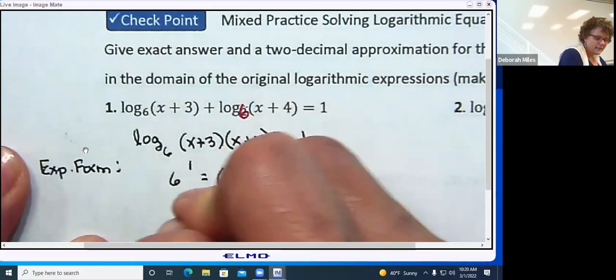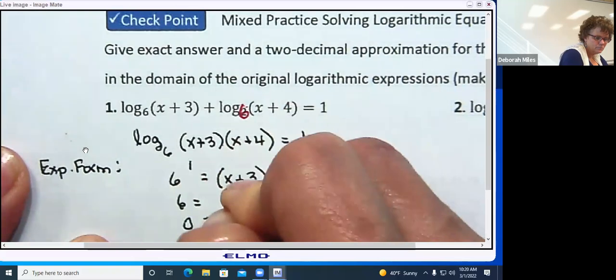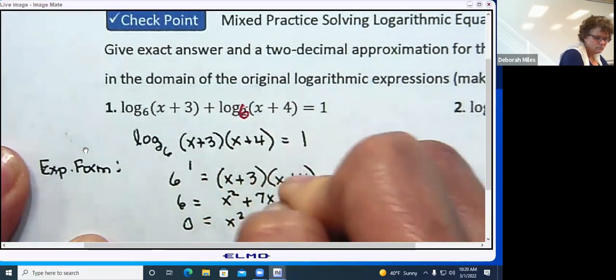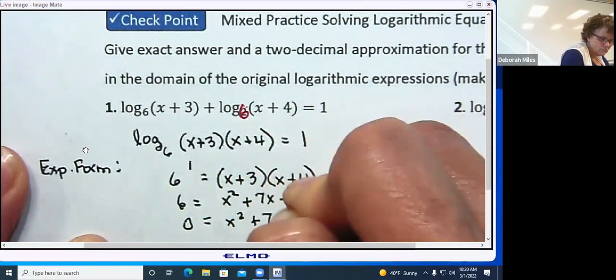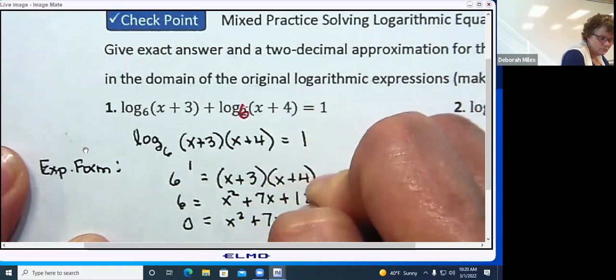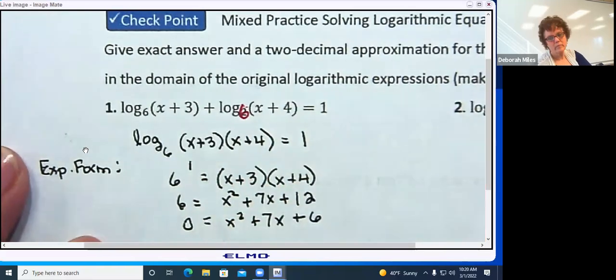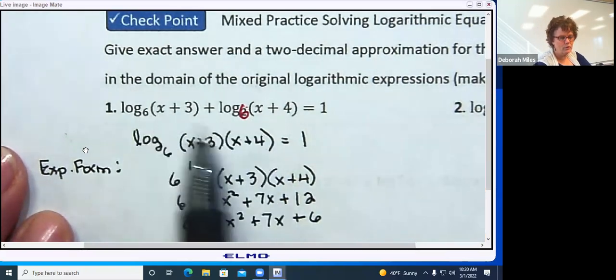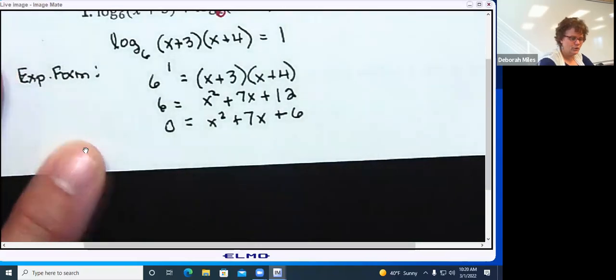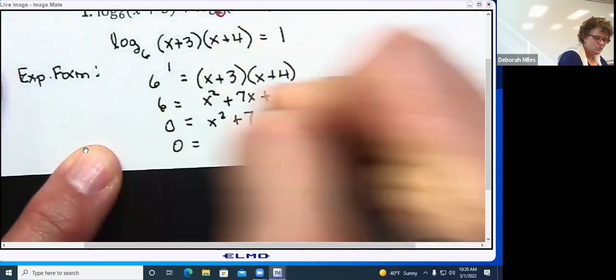And then I'm going to subtract 6 from both sides. And I think I was probably right. Both of those were supposed to be 6s because this will factor. Yay, I don't have to use the quadratic formula.